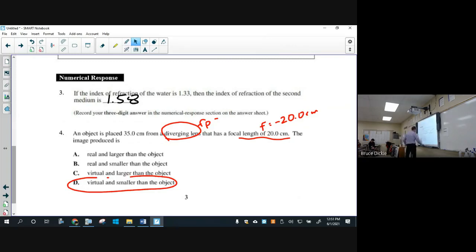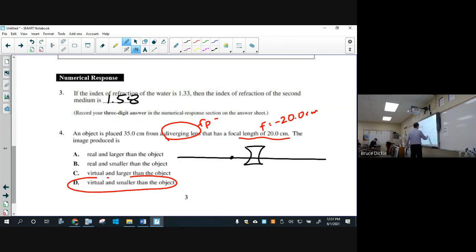Now, if you wanted to sketch the ray diagram, here's my diverging lens. It doesn't matter where I put my object, but I'll put it in between, like this is 20 centimeters, this would be 40. It doesn't matter though, because the image is always the same.